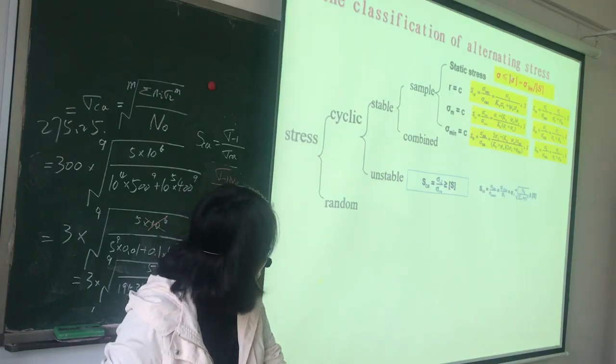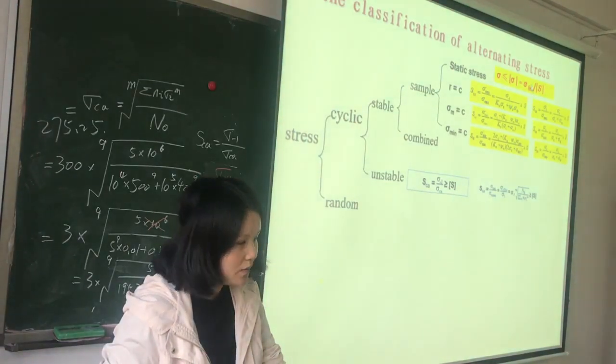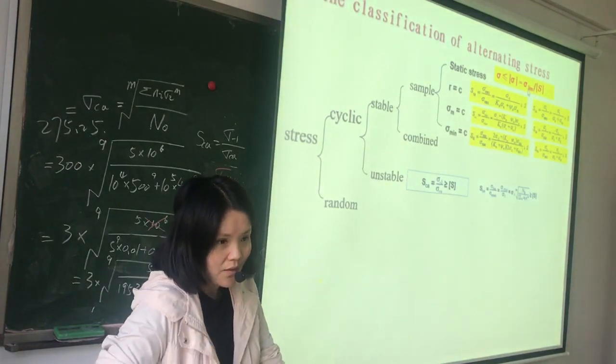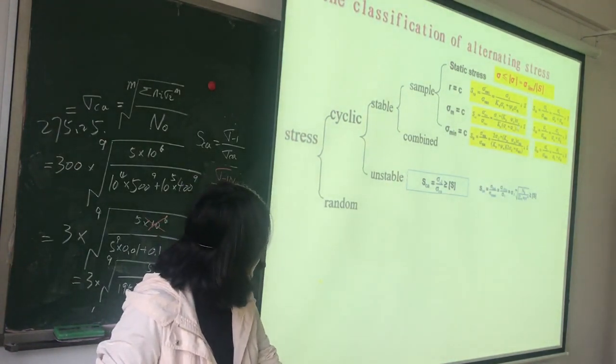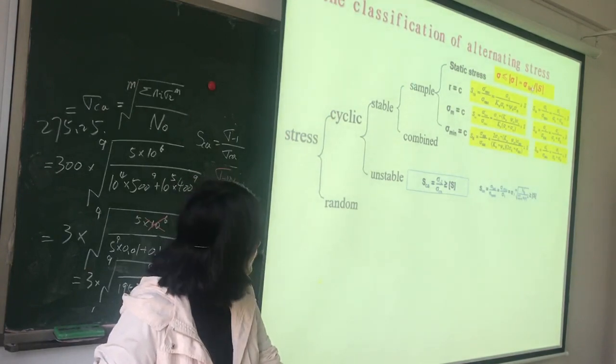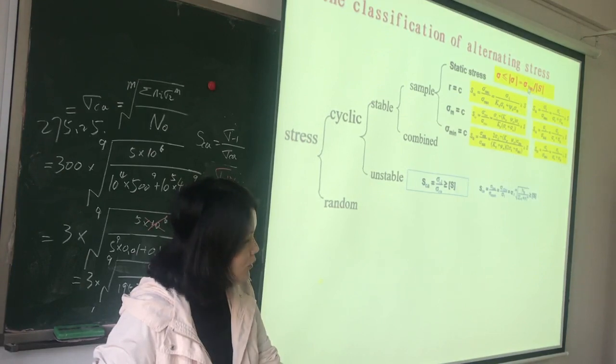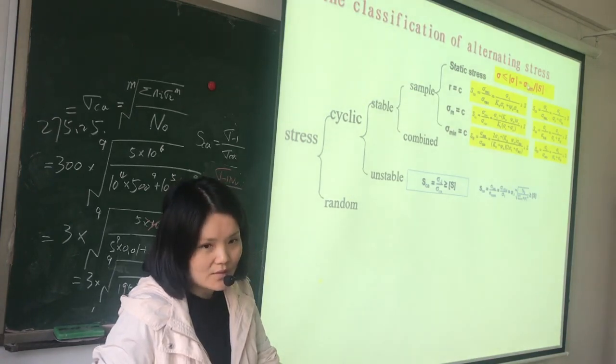Okay, for static stress, the sigma limit for brittle material is sigma B, and for ductile material, it is sigma S. So for ductile material, the sigma limit is the yield stress, and for brittle material, the sigma limit is the tensile stress, sigma B.